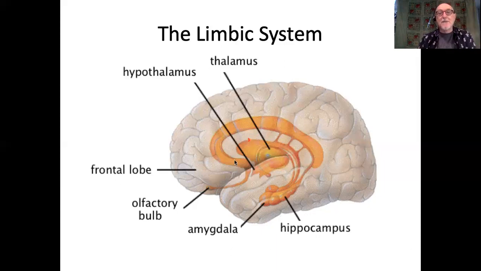Okay, so this is the limbic system, very strongly associated with primitive, often unconscious drives. It is also an area, unfortunately, where things like addictions seem to be very strongly associated with the limbic system, because the limbic system is also an area which gives us our sense of reward.